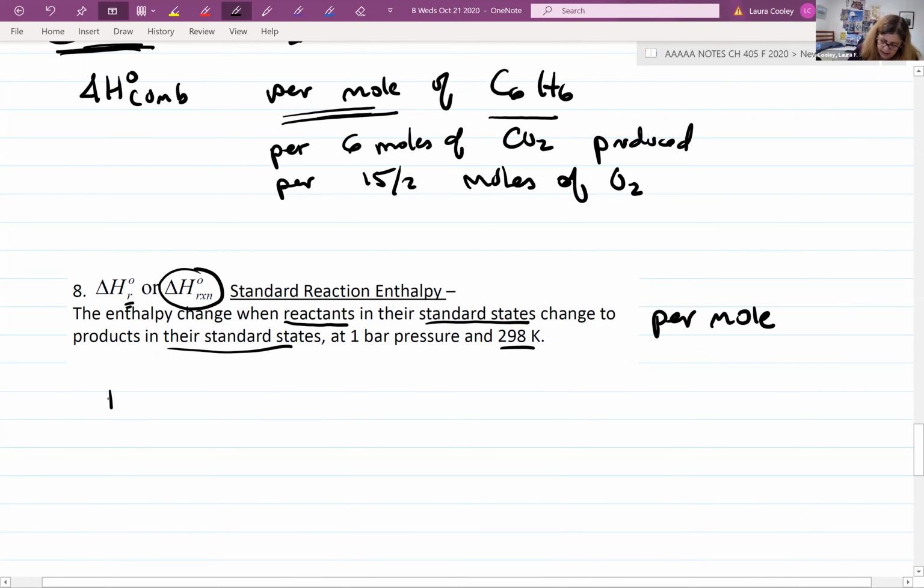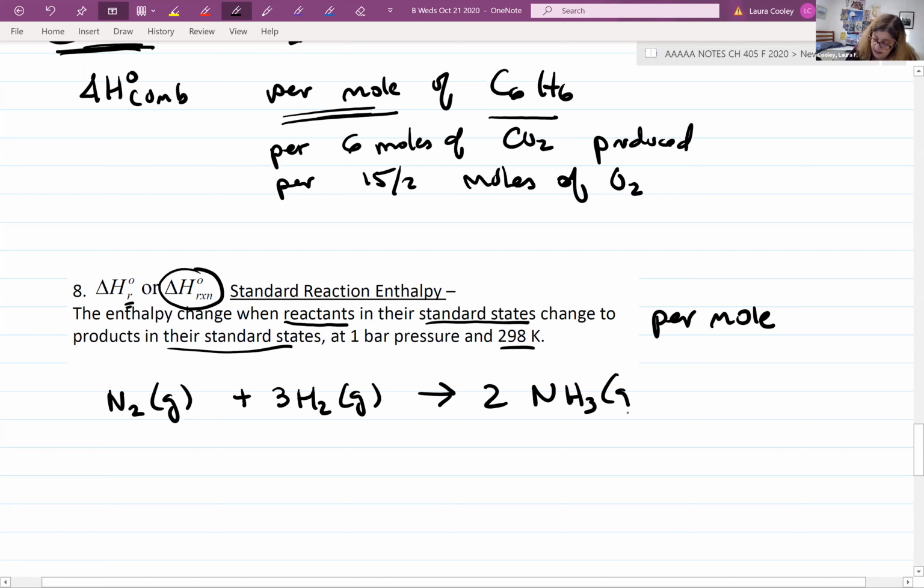Here's an example, N2 plus 3H2 gives 2NH3, I love this reaction because it has interesting stoichiometry, and my delta H0 for the reaction, I put a semicolon, and then the delta H of the reaction, minus 92.2 kilojoules per mole. Okay.